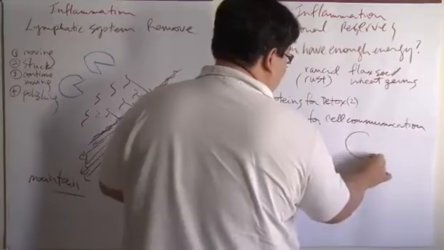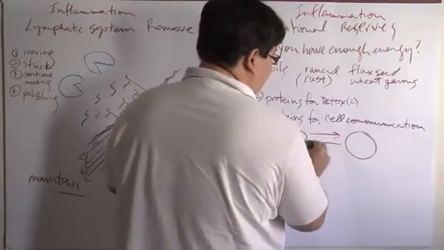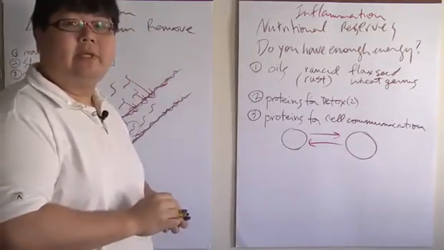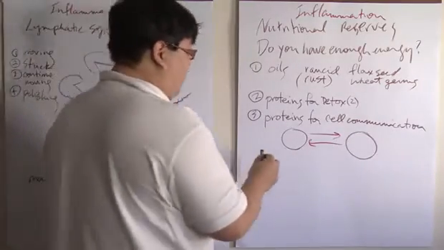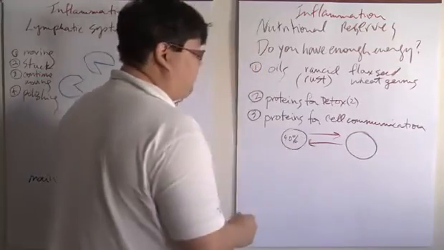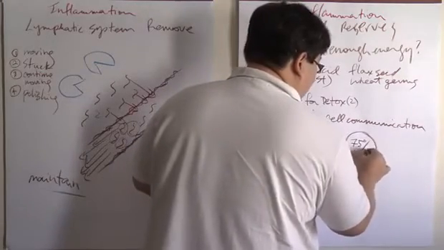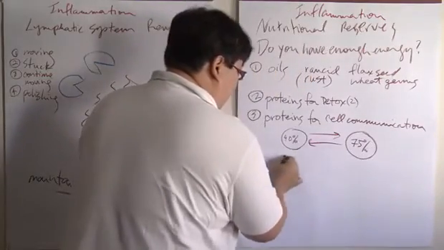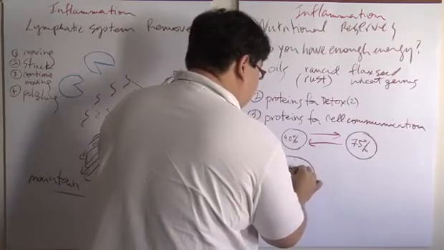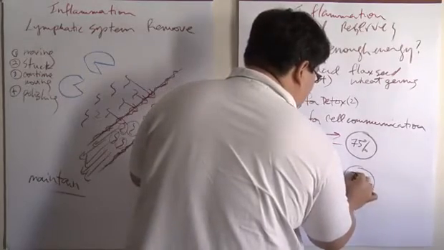Can this cell and this cell coordinate their activities? Okay, that's very important, because you have one cell that might be operating at 40% capacity, and the other one might be at 75%. And his neighbor might be at 50%. And his neighbor might be at 60%.